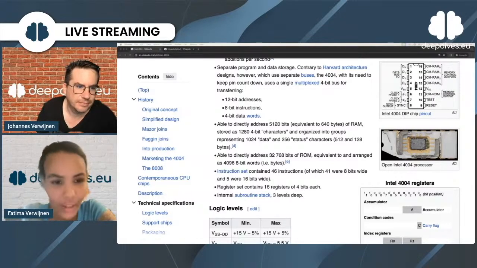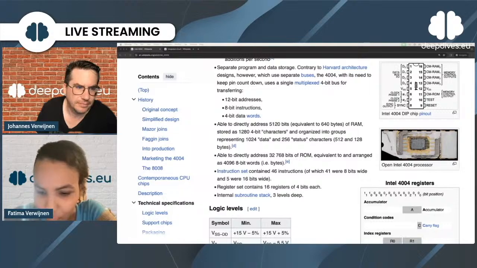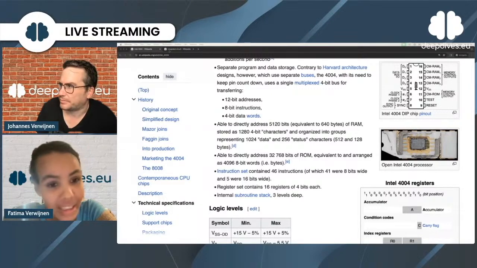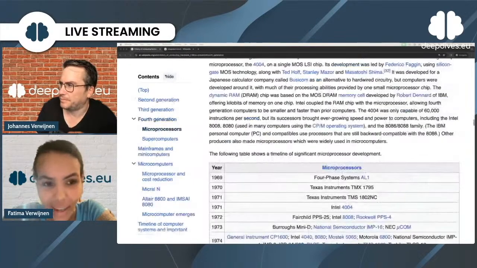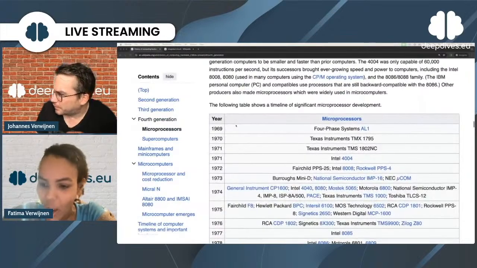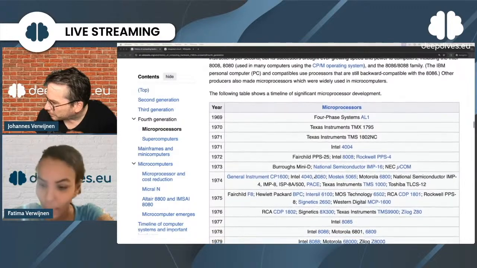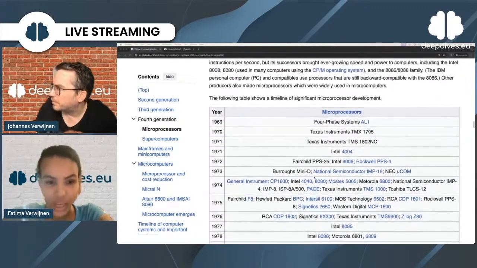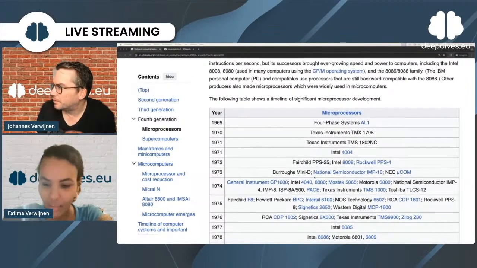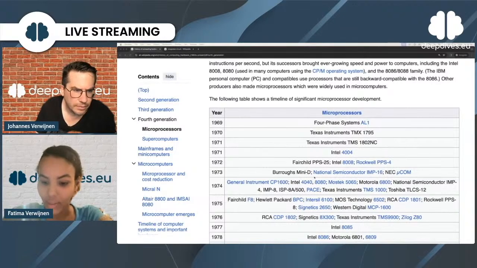Now we're going into 1975, and the Altair 8800, which was the first low-cost microprocessor computer, which had just become commercially available.